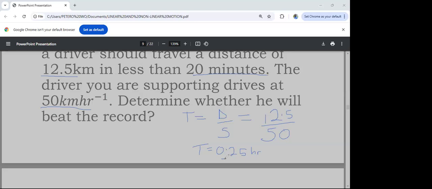That means that our time is going to be 0.25 times 60 because each hour has 60 minutes. And from that, we'll get our answer as 15 minutes, which means that yes, our driver will beat the record because he will use less than 20 minutes. So that is our answer for our example.